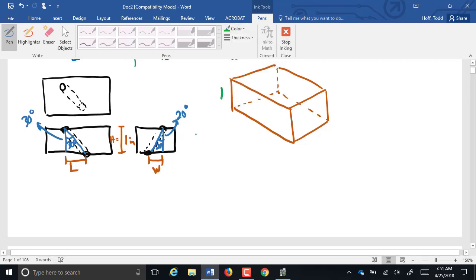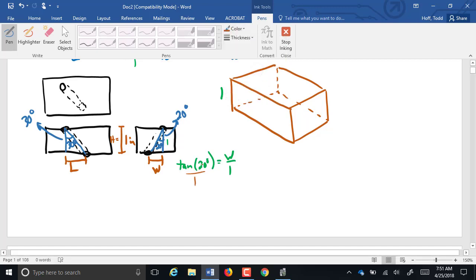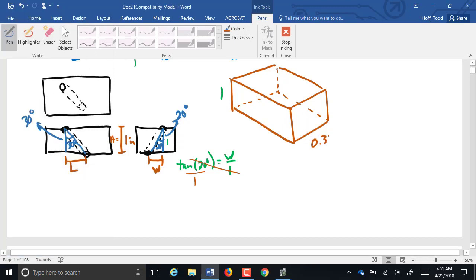So this is 1, that's my H. How would I find W down here? Tangent 20 degrees equals W over 1, right? Now, if I solve this for W, I'm just taking tangent of 20 times 1 when I cross multiply. In other words, W is just tangent of 20 degrees, 0.364. That's just the tangent of 20 degrees.